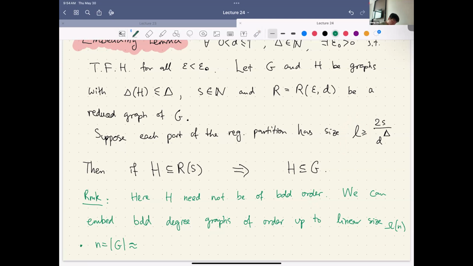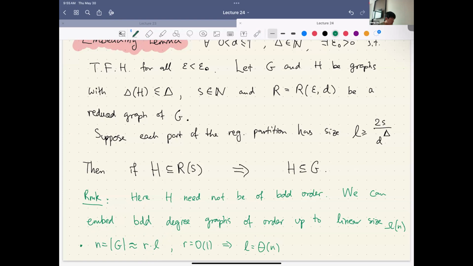So this order is roughly R times L. But remember, R is a bounded constant, an absolute constant, not growing with n. So as n tends to infinity, L must grow at the same rate as n. In other words, because R is a bounded constant, n and L grow the same way. Each part is linear size in n.